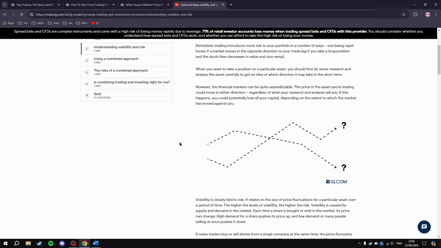Derivatives trading introduces more risk to your portfolio in a number of ways, one being rapid losses if a market moves in the opposite direction of your trade, e.g. if you take a long position and then the stock decreases in value and vice versa.